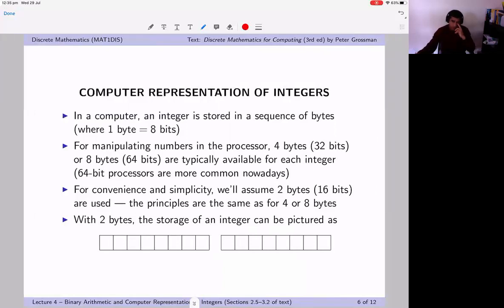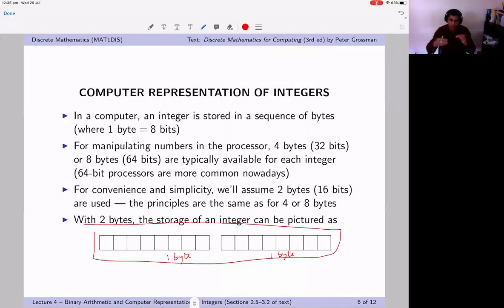Okay, now with 2 bytes, what's going to happen? The storage of an integer can be pictured as these 2 strips, where this is 1 byte and that's another 1 byte, and we want to store our integer in that.